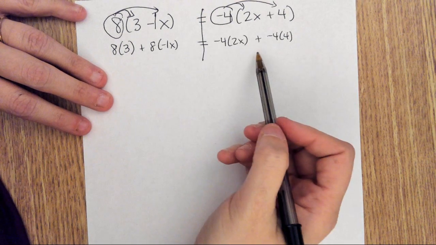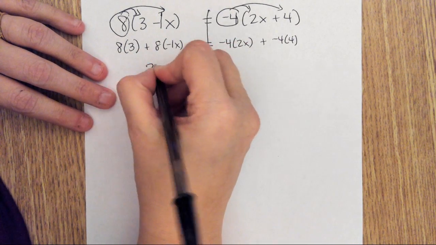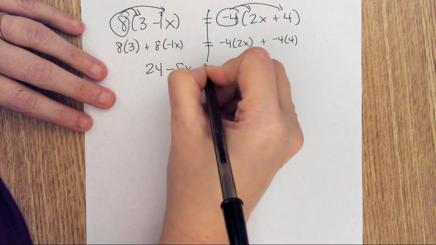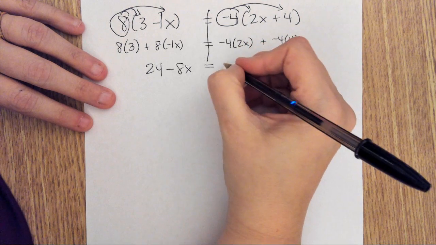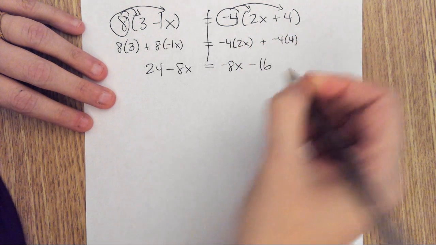If you find yourself forgetting, this might help you keep track of what you're doing. So 8 times 3 is 24. 8 times negative 1 is negative 8x. Negative 4 times 2 is negative 8x plus negative 16.